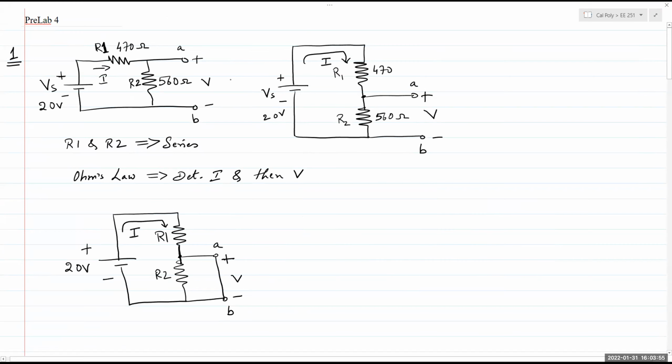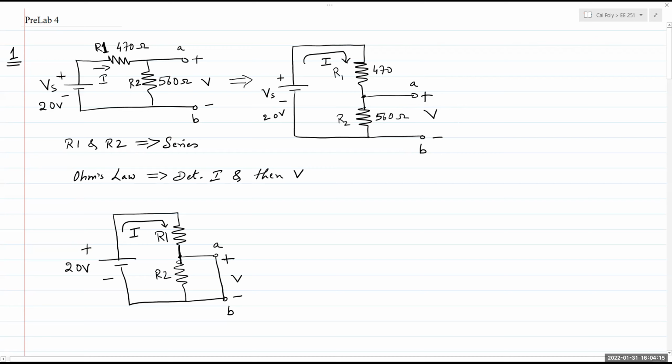You can see R1 and R2 are connected in series. We are taking the output across the 560 ohm resistor, so V is calculated directly across the 560 ohm resistor.